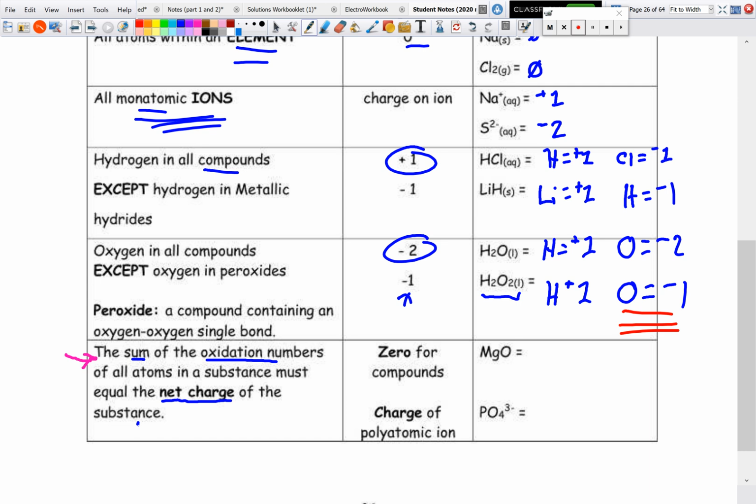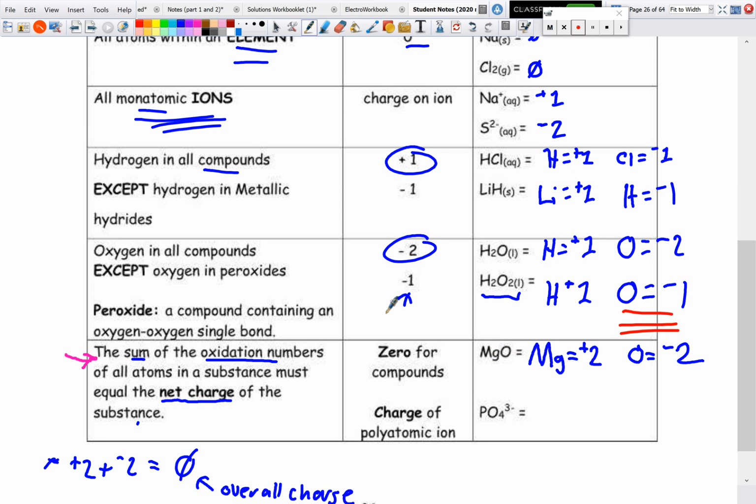So for example, this is how we know when we look at magnesium oxide, MgO, these are two monoatomic ions, but magnesium oxide doesn't have a charge. That's because the magnesium ion is 2+, and the oxygen ion from our rules up above is 2-. If we add these together, positive 2 plus a negative 2 is equal to 0, and this is the overall charge on magnesium oxide. It's not charged.